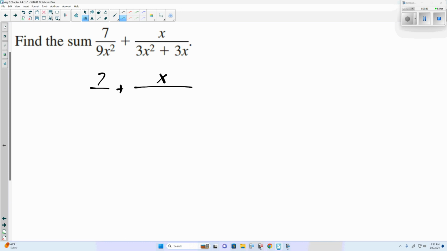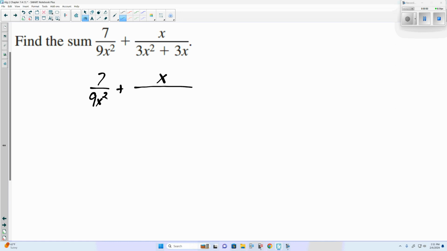The biggest thing with this is getting them to be the same. And before we can start adding, subtracting, doing any of this, we need to make sure the denominators are factored completely, or as far as we can get them. Now, our 9x squared is just one single term. We can't factor it.